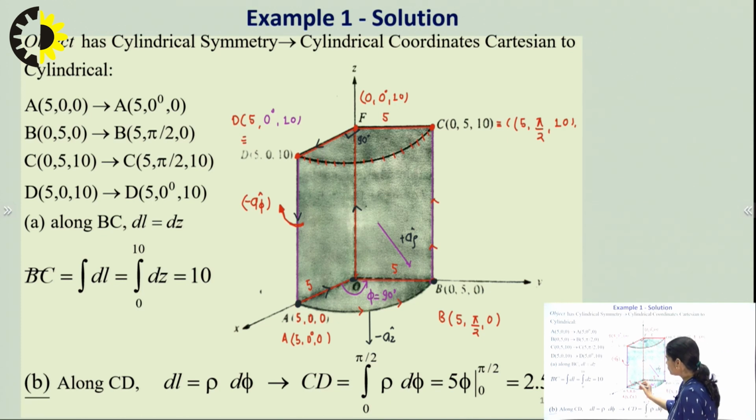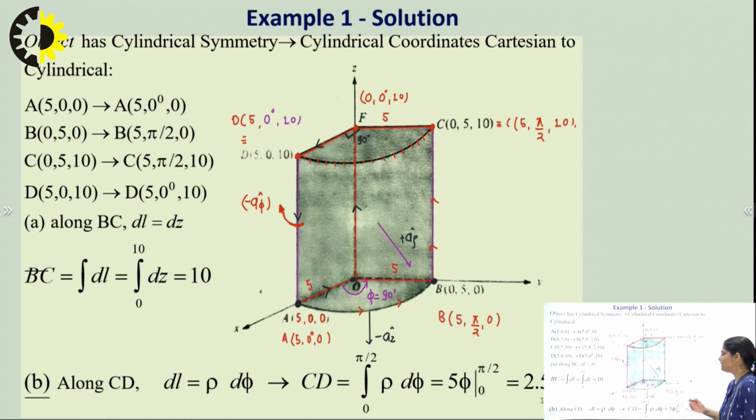So rho is 5, already given in the question, that A is 5, 0, 0. Now its coordinates in cylindrical form: rho is 5, the phi angle is equal to 0 and z is also equal to 0.